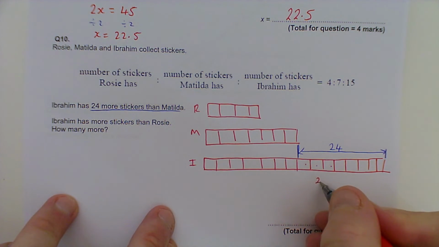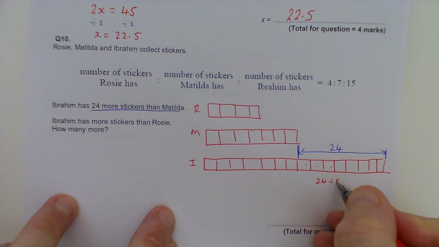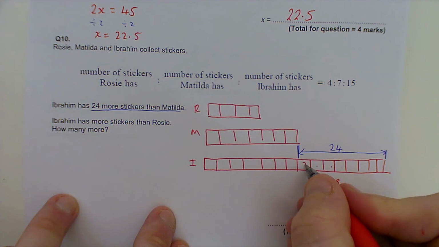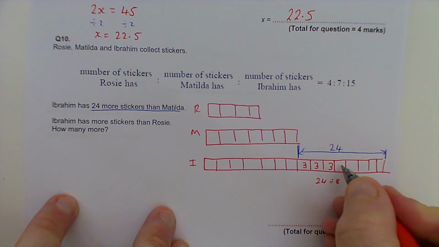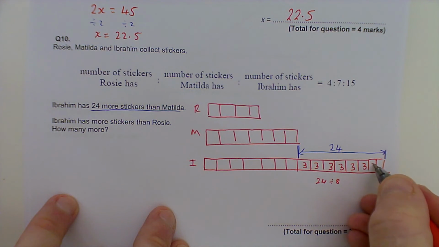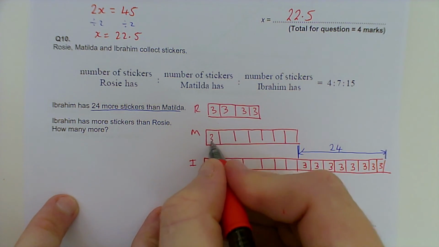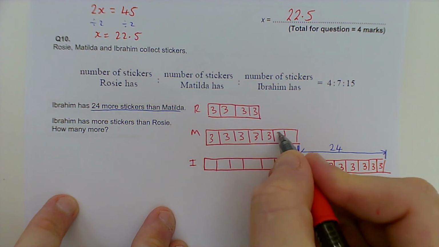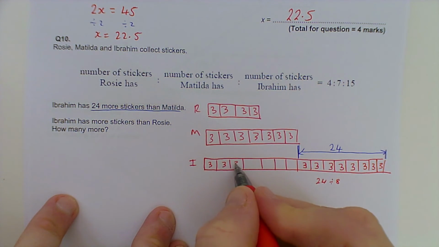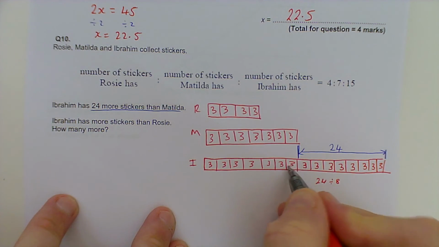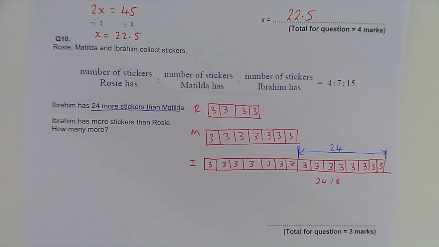So clearly, 24 divided by 8 is 3. So every single box has to be worth 3.